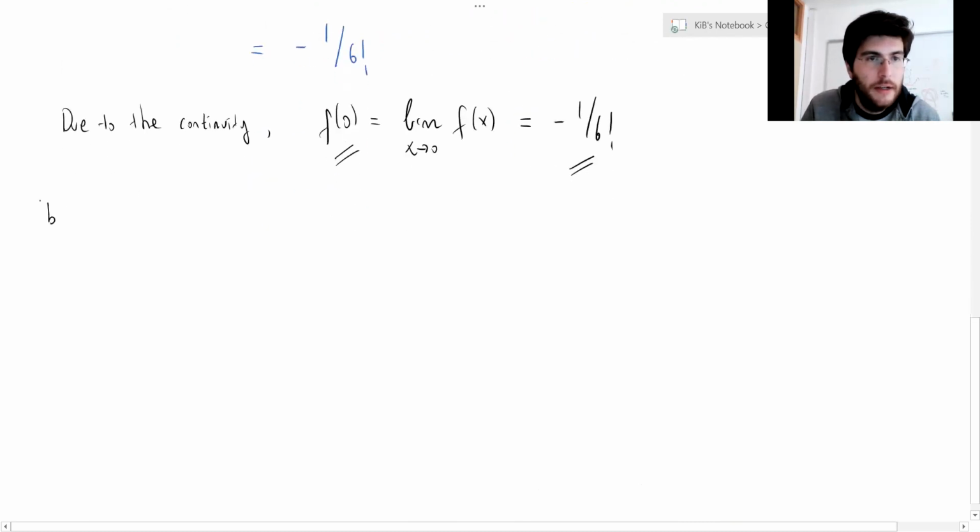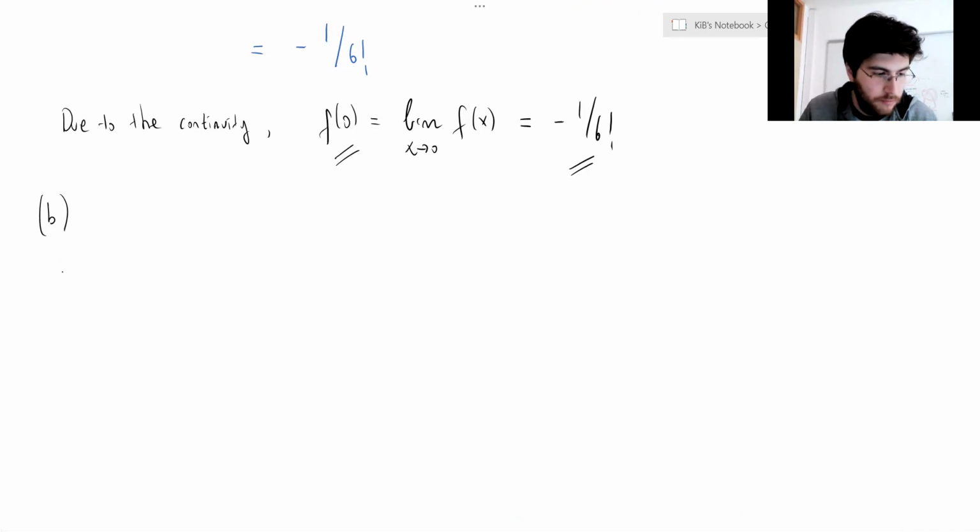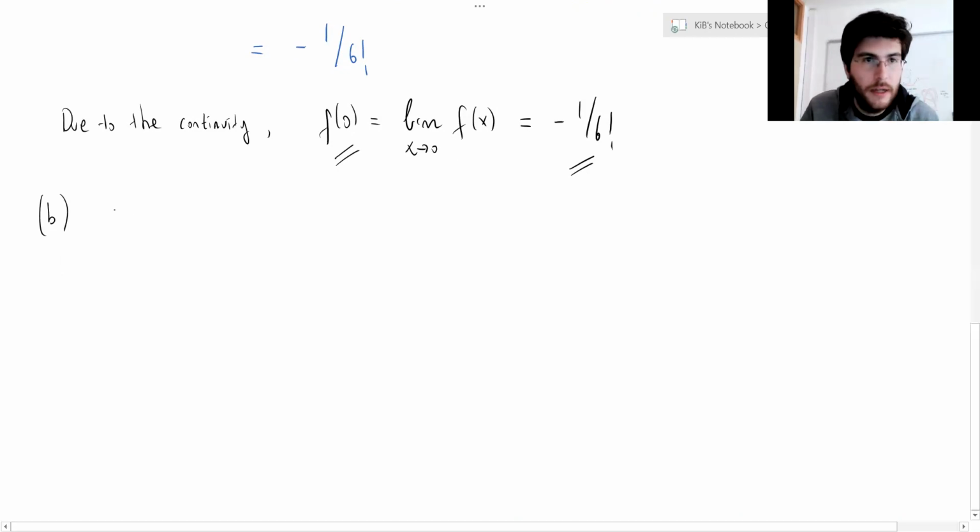So let's see. We already have a power series representation for f, right? And remember, maybe I should write it down.